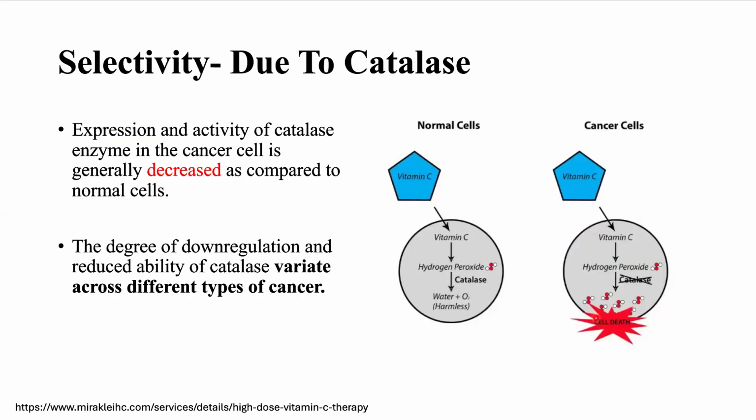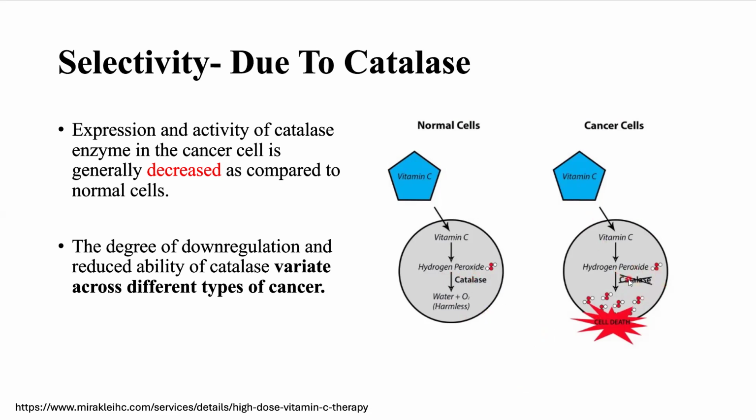So selectivity is due to different factors, and one of the factors that has been widely discussed in several research articles is that normal cells have the catalase enzyme, which causes the conversion of reactive oxygen species into harmless species such as water and oxygen in the case of hydrogen peroxide.